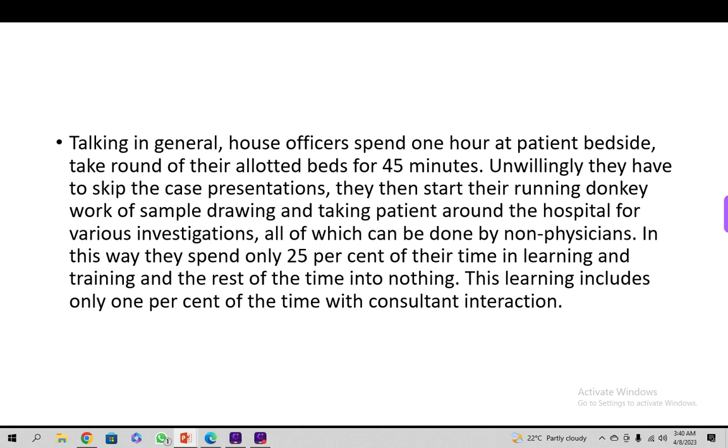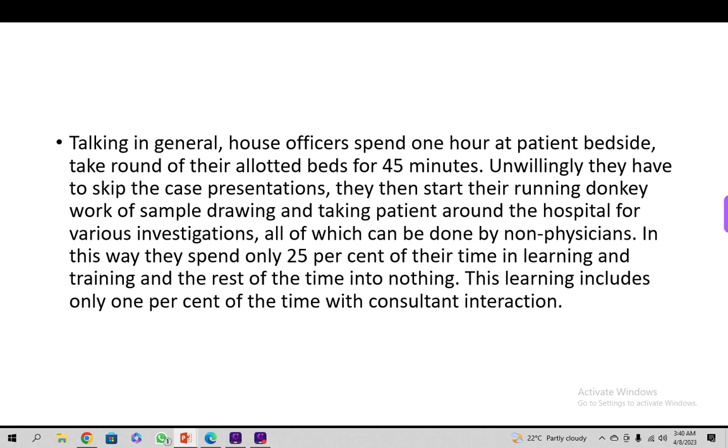They start their running donkey work of sample drawing and taking the patient around the hospital for various investigations. Donkey work. What a word! My colleague has used this word, donkey. She has used this terminology very correctly.